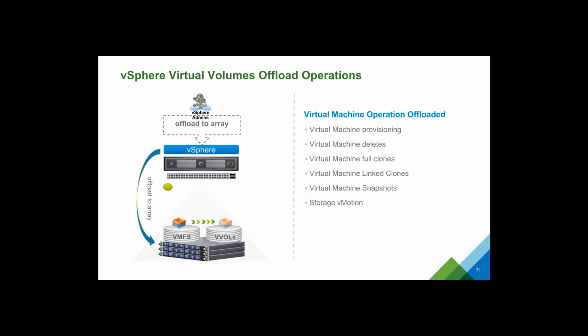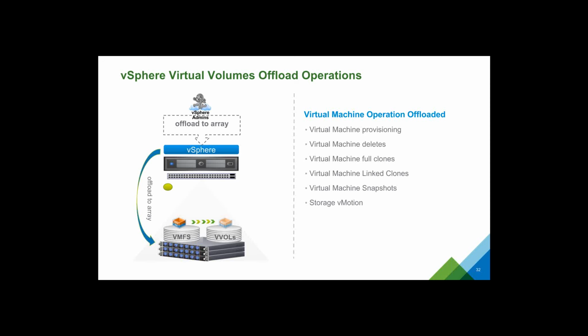So this is just covering a handful of things that vVols offloads that currently you would need to do through vSphere, and would end up being VMFS operations that would go over the wire. So the virtual machine provisioning and deletion, clones, linked clones, snapshots, and storage vMotion.